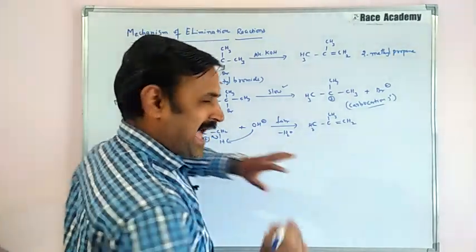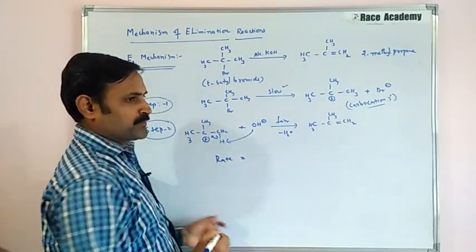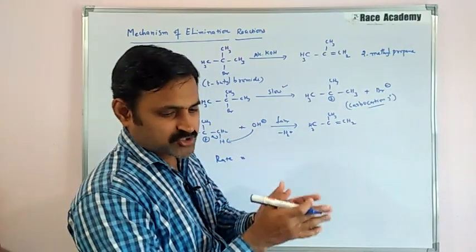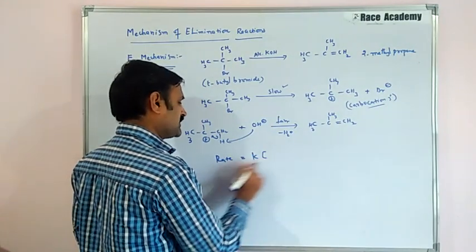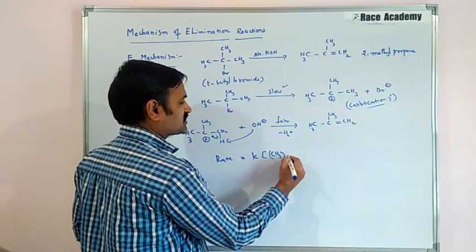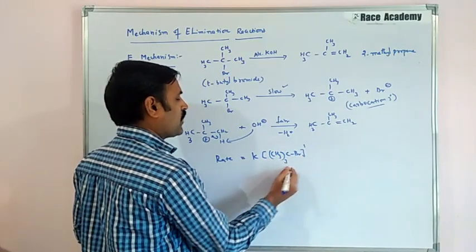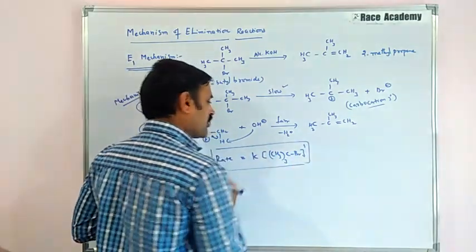That's why, as per chemical kinetics, the rate of reaction is directly proportional to the concentration of the alkyl bromide, that is the tertiary alkyl bromide concentration to the power 1, but the nucleophile concentration is not in the rate expression.